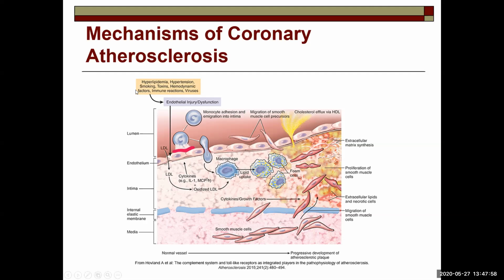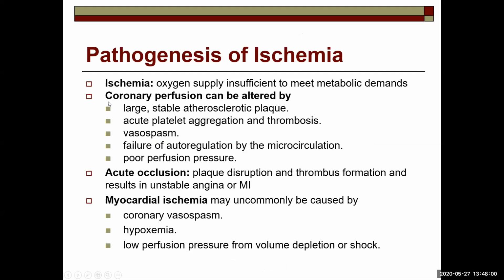So ischemia, again, oxygen supply insufficient, coronary perfusion insufficient, vasospasm can cause this. You can have an acute occlusion, which is just partially occluded, or you could have a myocardial ischemia. Usually you have vasospasm, hypoxemia, or low perfusion that can lead to any of the MIs.